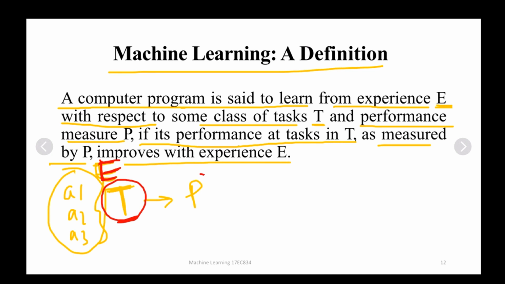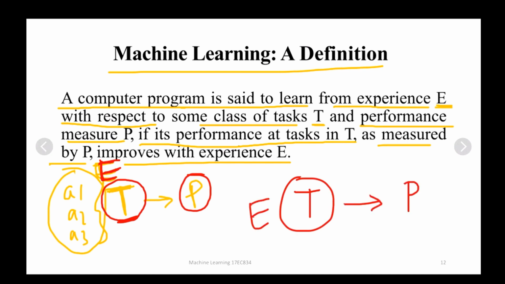Task performance: by performing the task, what is the experience? After getting the experience, how the performance is getting improved. Of course, the performance in the very first task might not be very good, but after performing so many tasks and getting so much experience, definitely the performance will have improved.